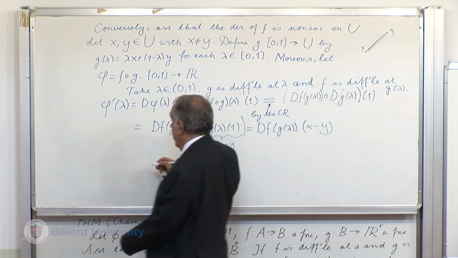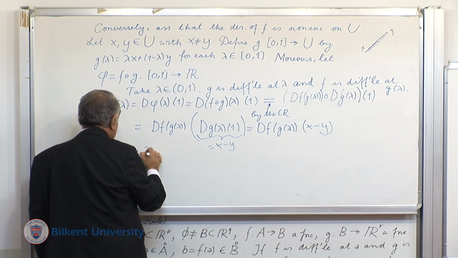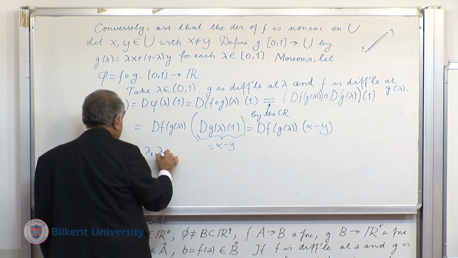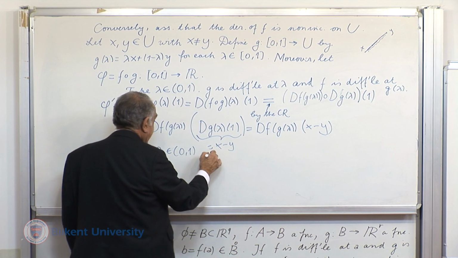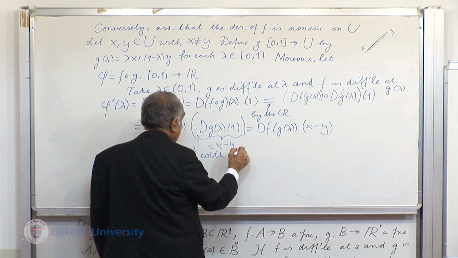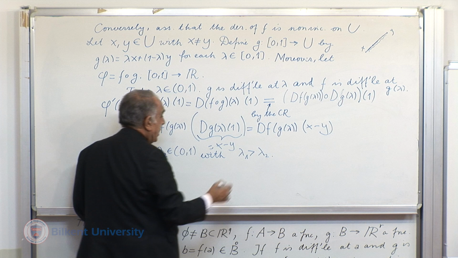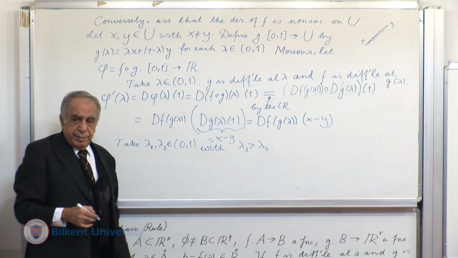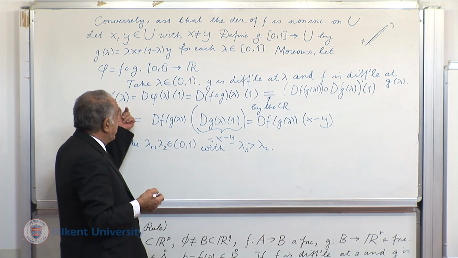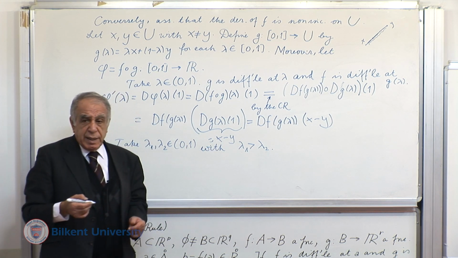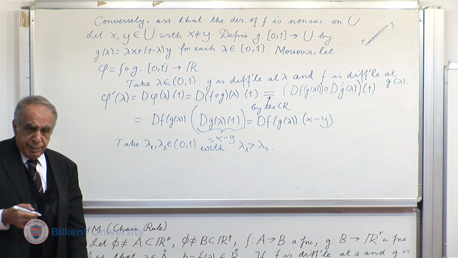Okay, now take lambda 1, lambda 2 in 0, 1 with, say, lambda 1 larger than lambda 2. We will show that phi prime lambda 1 is less than or equal to phi prime lambda 2.